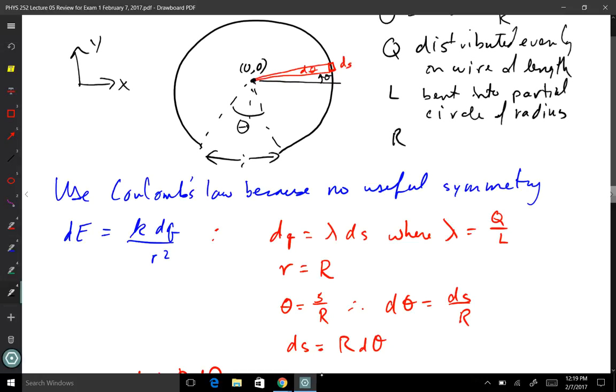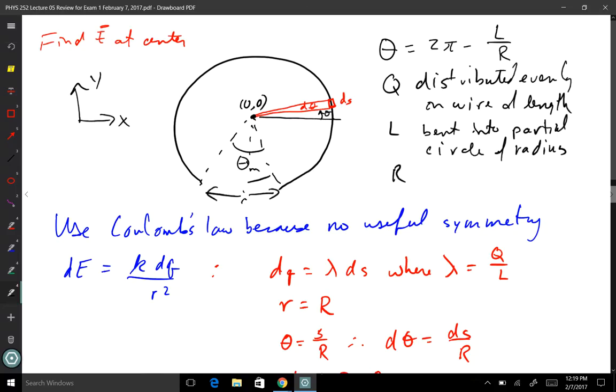If this here is 0 degrees, horizontal, and I'm going down to this point, then I'm going to have minus pi over 2 plus half of theta missing.